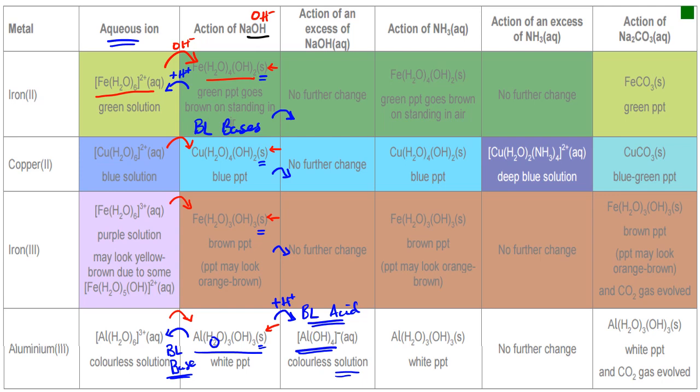Okay, so that's why it's amphoteric, and it's only for aluminium because it's got the highest charge density on the positive ion, and for more detail on that I refer you back to the video. Okay, so that's some hydrolysis with sodium hydroxide and the amphoteric nature of aluminium aqua complex, or aluminium hydroxide as it happens. Let's move on.